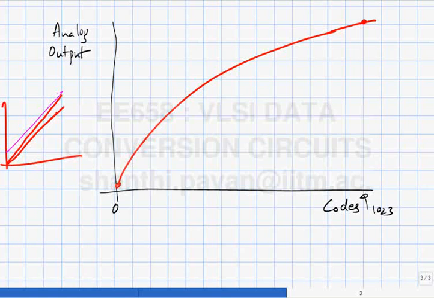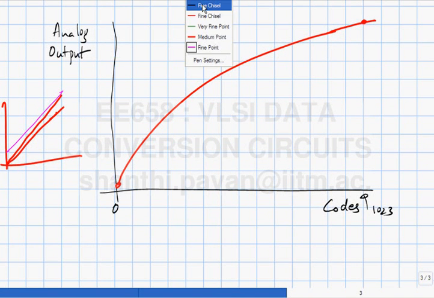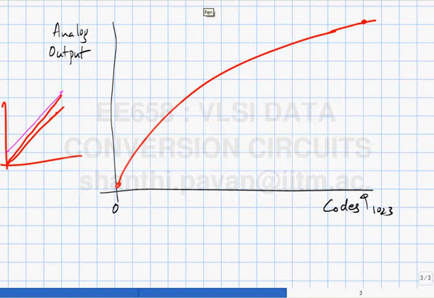So the first step is to remove offset and gain errors. So the clean thing to do, just as we did for the case of an A to D converter, is fit a straight line. You know the x values, you know the y values, right? So you fit a straight line perhaps like this.